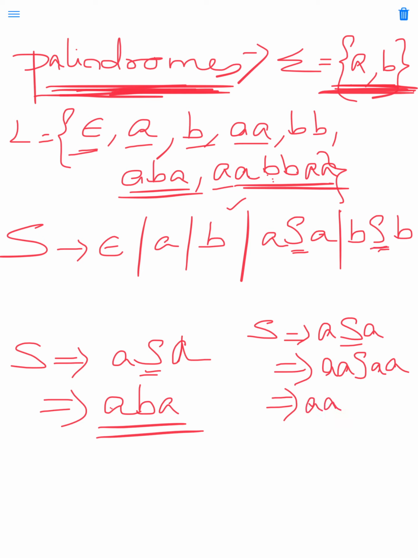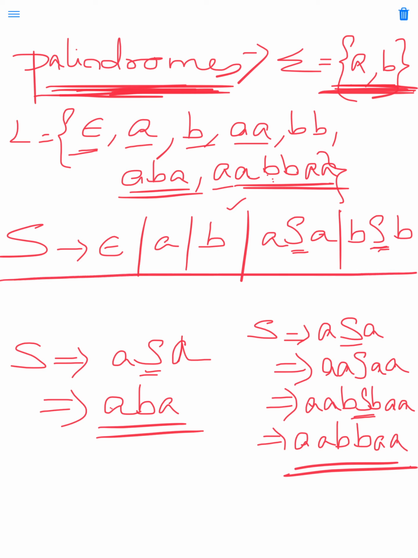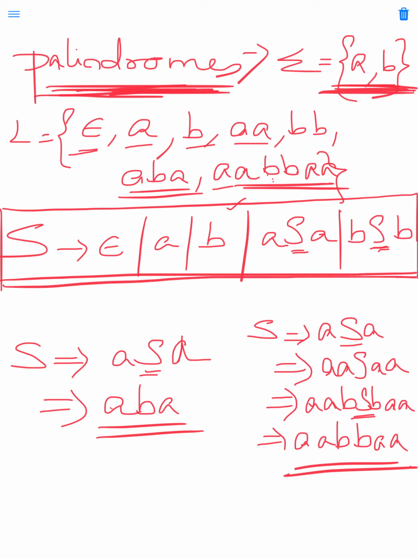A B S B A. Then lastly, using epsilon, A, B, B, A. Okay, so this is the grammar which can be generated to satisfy the string of palindromes.